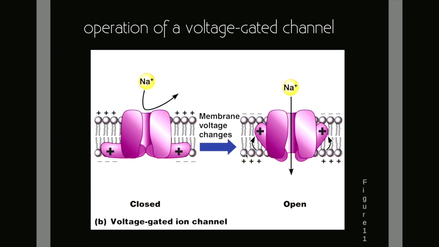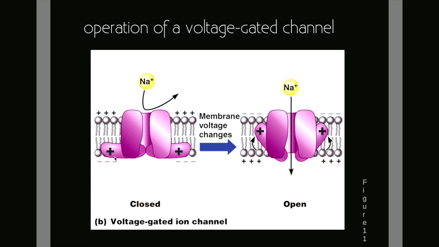And the way a voltage-gated channel works, remember these are proteins, so they're made up of amino acids. And some amino acids are positively charged, and some are negatively charged. This region of the protein right here has a lot of positively charged amino acids. So when the inside of the cell is negative, they attract this positive charge and keep this channel closed.